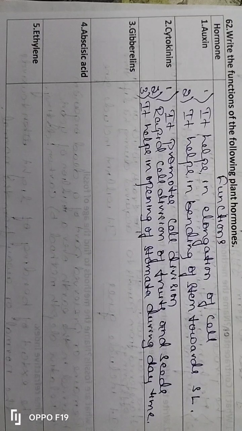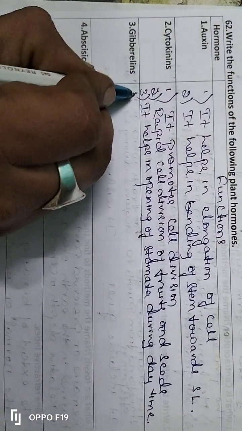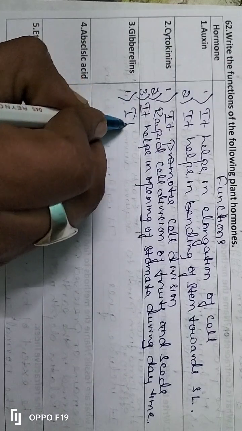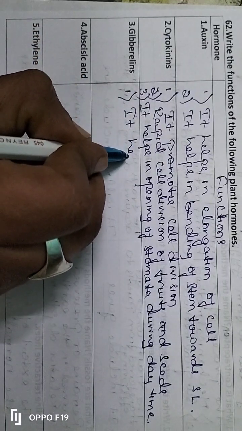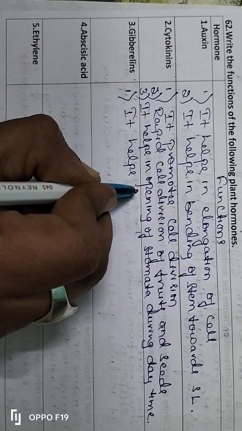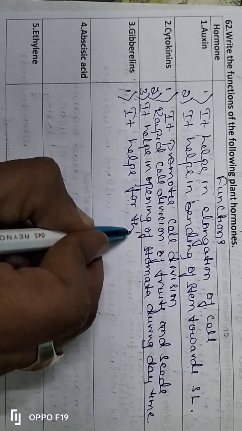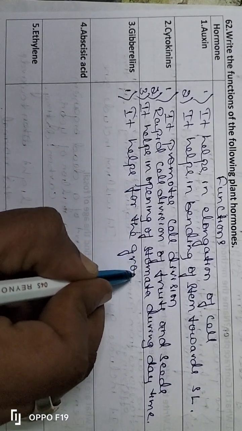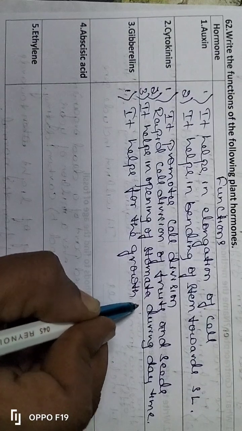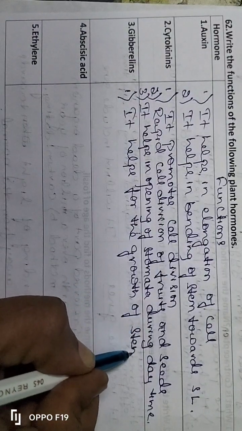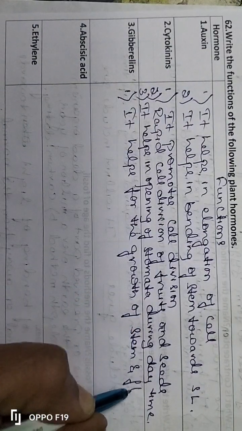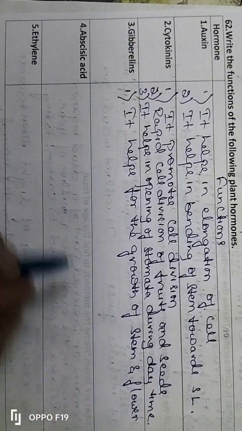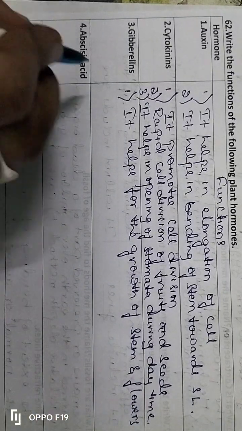Then coming to the third one, that is gibberellins. The first function of gibberellins is that it helps in the growth of stem and flowers. So for the growth of stem and flowers, who will help? That is gibberellins.